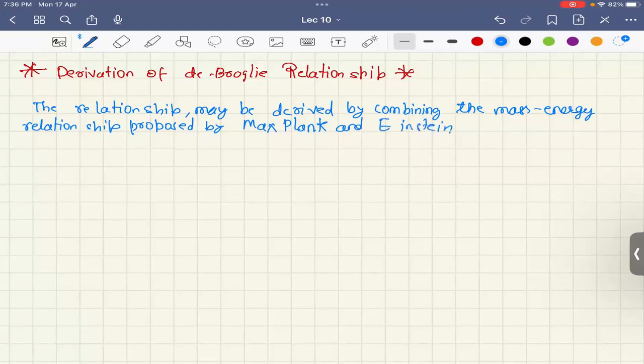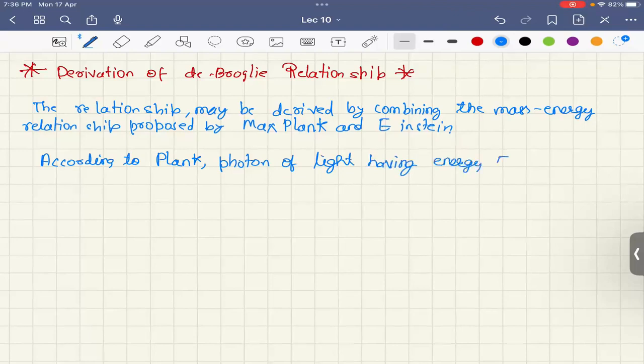Right. So according to Planck, a photon of light having energy E is associated with a wave of frequency nu, right?